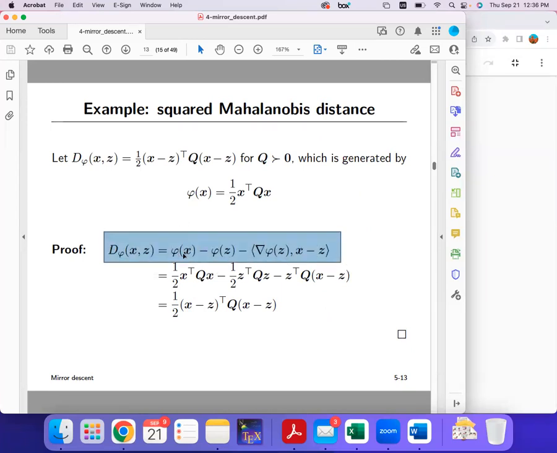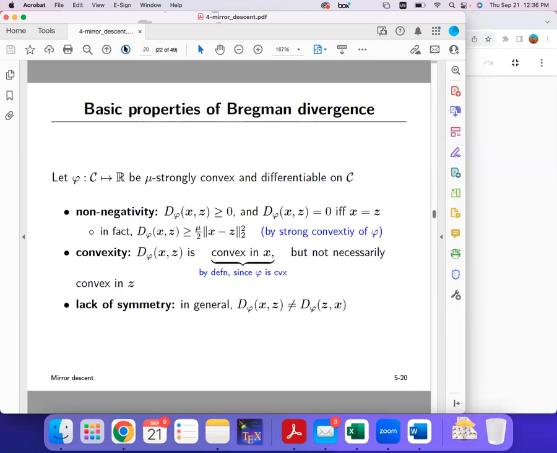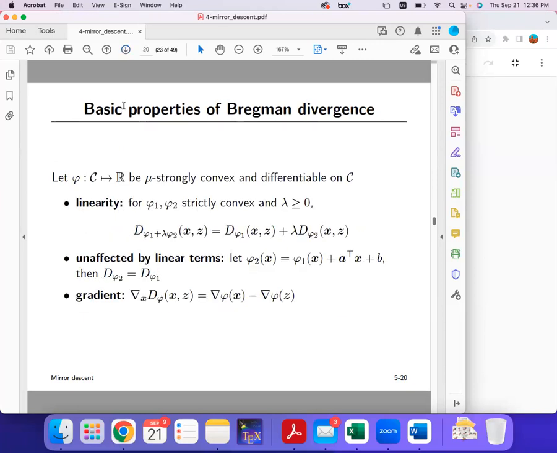You take the gradient with regard to x, this becomes gradient of phi(x). This goes away because it's a constant. And this one, you only have this gradient term. So you end up with gradient of phi(x) minus gradient of phi(z). So the gradient of this divergence with regard to x is basically the difference of the gradients of phi.